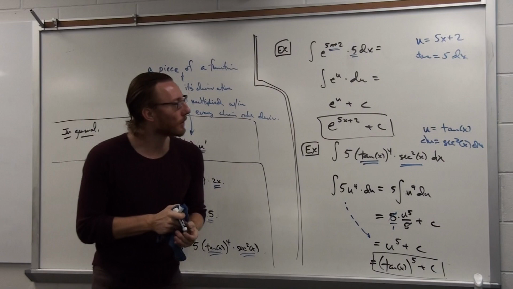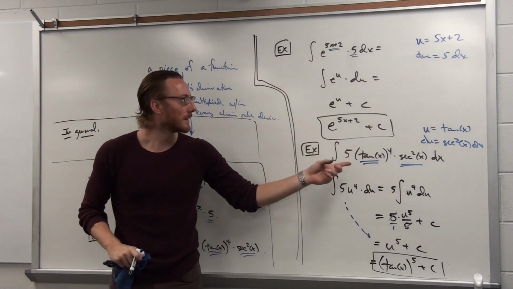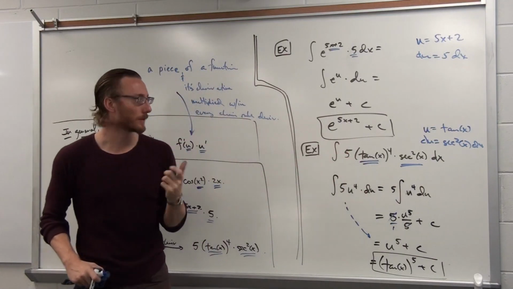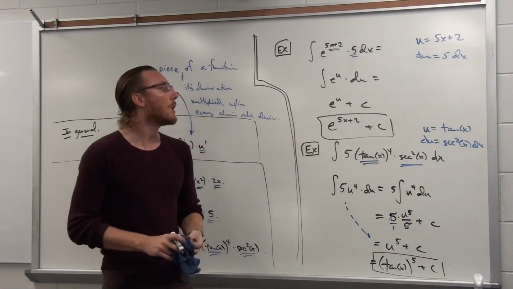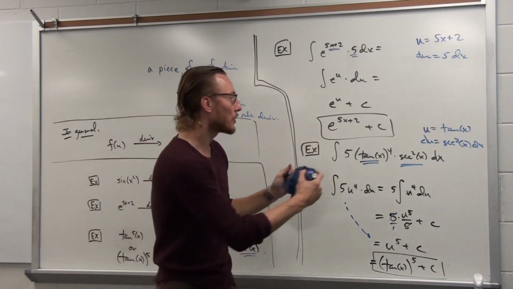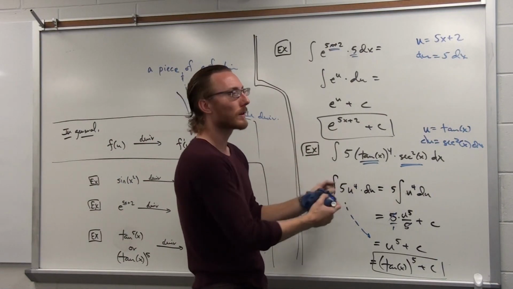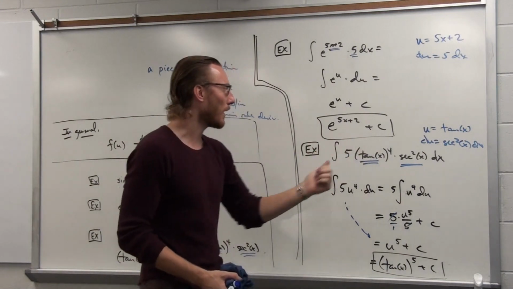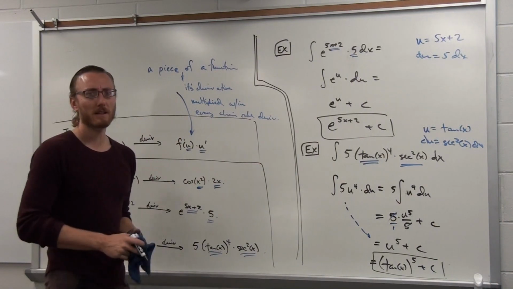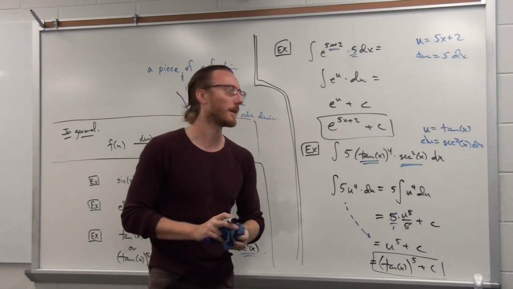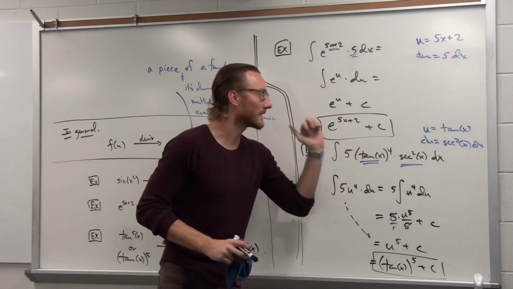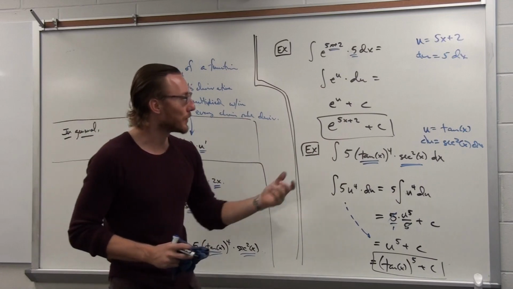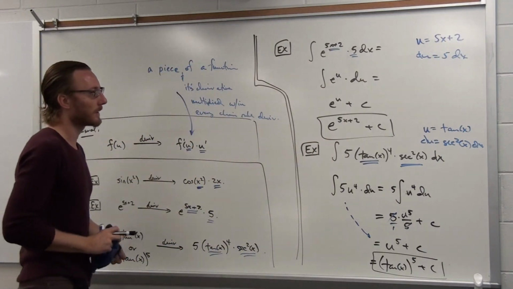And yet, if we stumbled across this function along the street, and we were trying to find the function that produced it by way of derivative, we were trying to compute an antiderivative, the minute that we notice that two of the bits of our function are related by way of derivative, and that those things are in a product, that looks like an artifact of the chain rule, and the chain rule may well be the way to take the derivative. Set u equal to the tangent, and then secant squared comes out as the du term, the derivative of that u, the u prime, thinking in terms of our chain rule language.